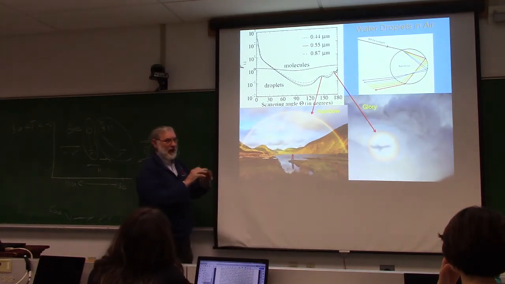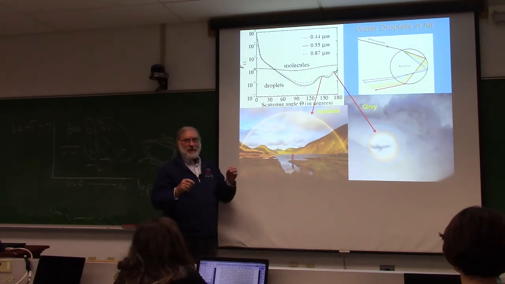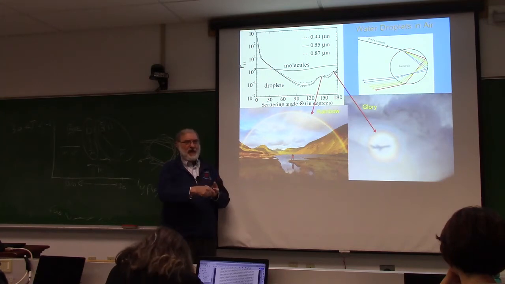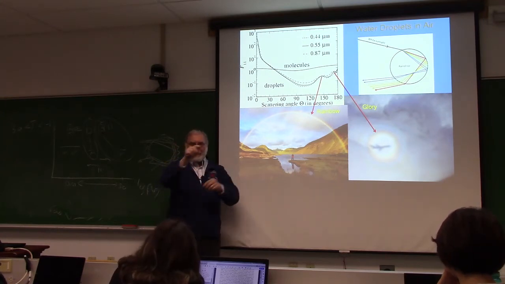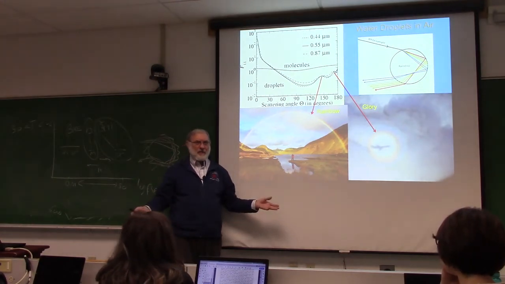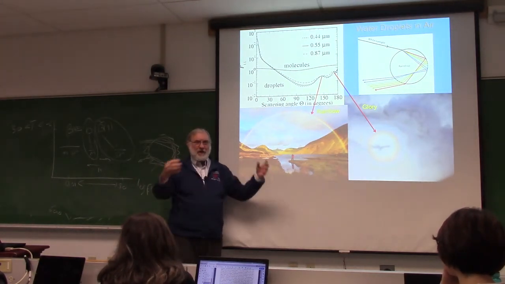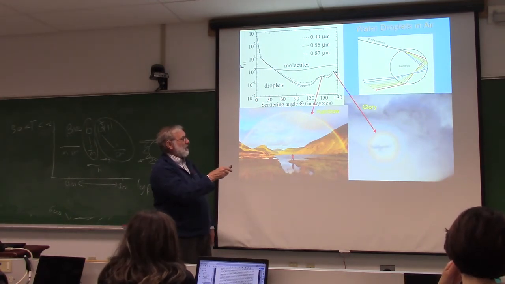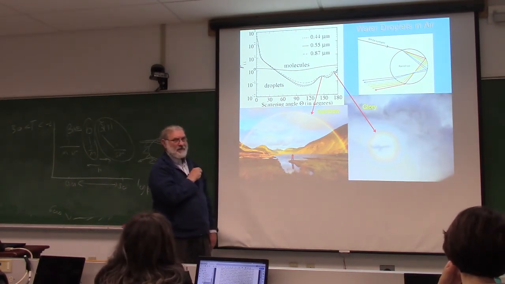So the volume scattering function is parameterizing all these different processes. There's diffraction, there's reflection by the surface of the droplets, there's refraction through the droplets, there's multiple scatterings inside the droplets. All of that stuff is what goes into making the shape of the phase function or the shape of the volume scattering function.